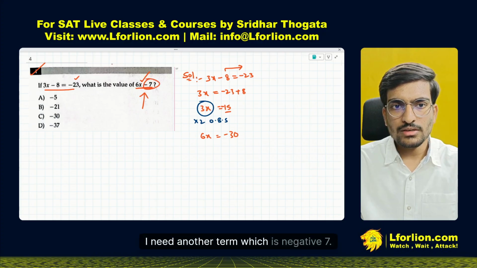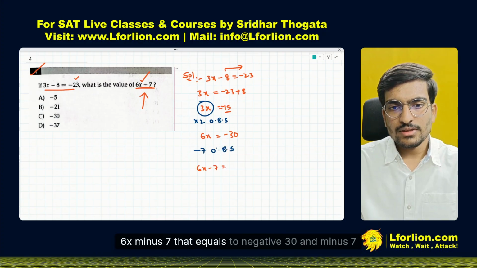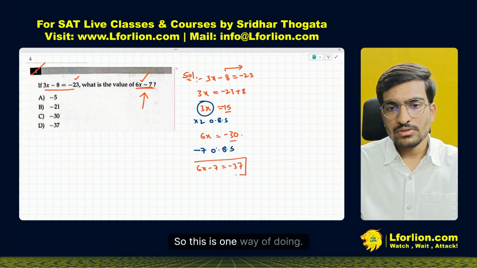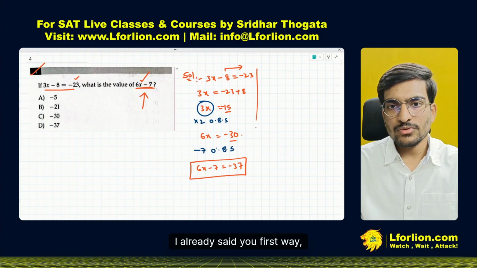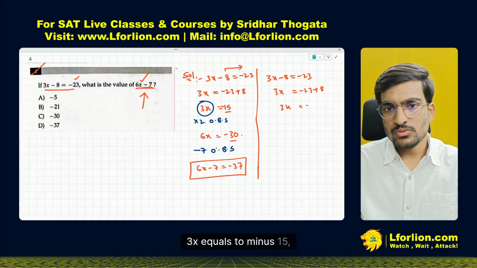I need another term, which is negative 7. So I write negative 7, subtracting 7 on both sides. So what do I get? 6x minus 7 equals negative 30 and negative 7, which is negative 37. So this is one way of doing it. The other way is getting the value of x. 3x minus 8 equals negative 23, so 3x equals negative 23 plus 8, 3x equals negative 15, x equals negative 5.